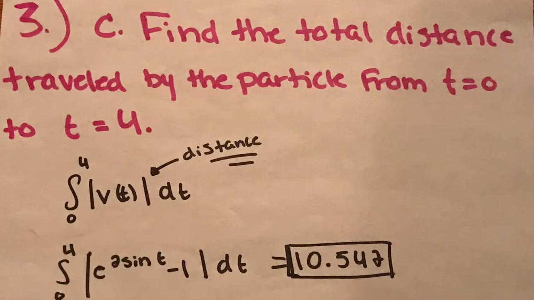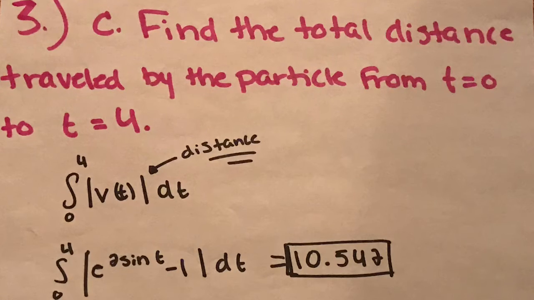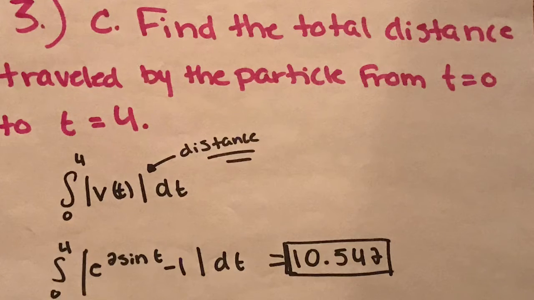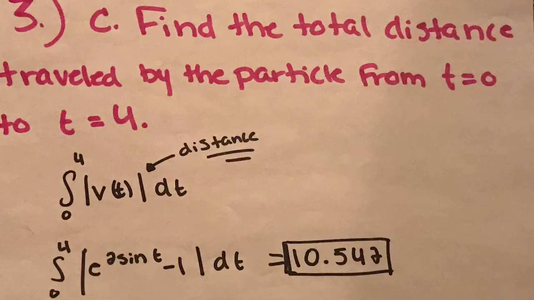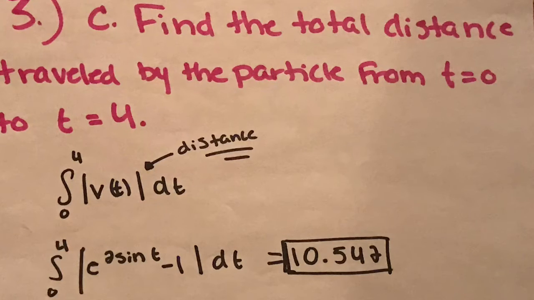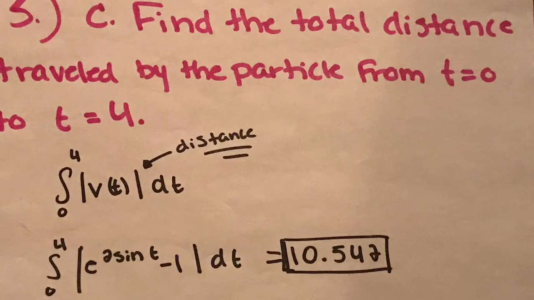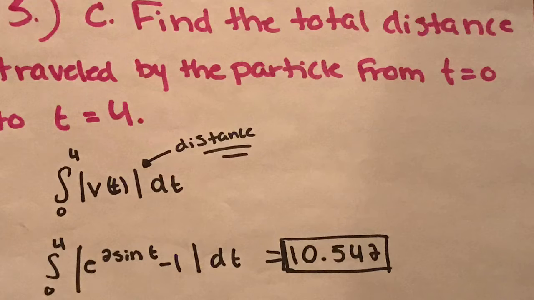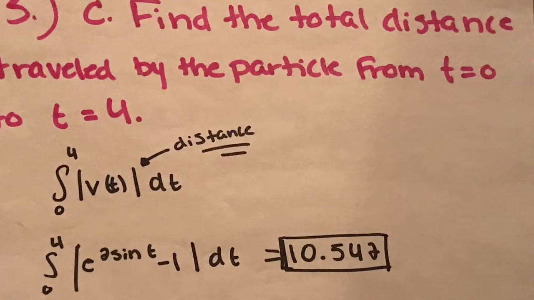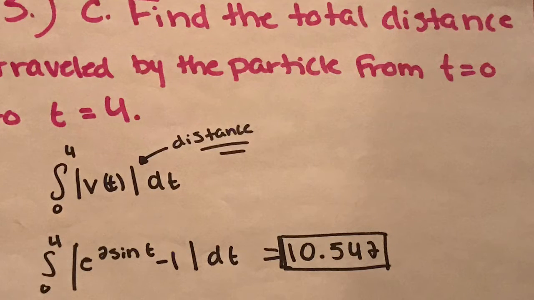Letter C asks, find the total distance traveled by the particle from t equals 0 to t equals 4. For total distance, you have to take the absolute value, since distance cannot be negative. So you would have the integral from 0 to 4 of the absolute value of velocity, dt.